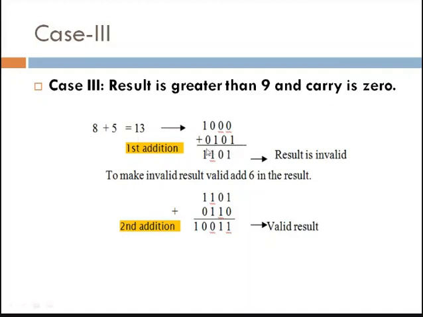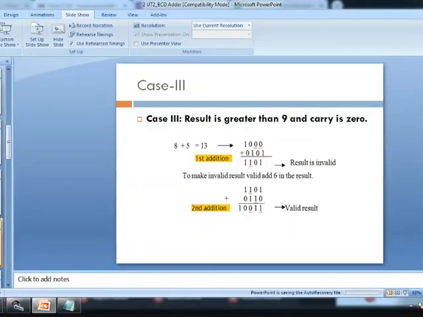So here you are getting the invalid result, and in the second addition we are taking this invalid addition as the first input. I am considering this as the sum part, and whatever this sum part is, we are giving it as it is to this one.